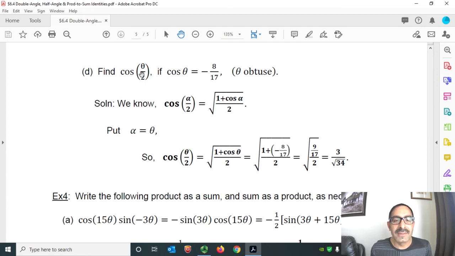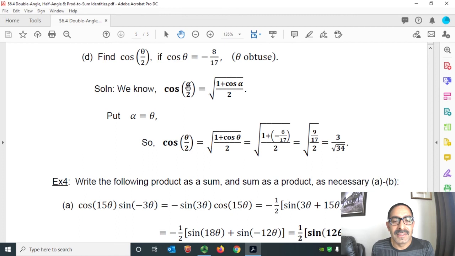Find cosine theta over 2 if cosine theta is negative 8 over 17 and theta is an obtuse angle. Let's begin the solutions. You know this half angle formula for cosine: cosine alpha over 2 equals under the radical 1 plus cosine alpha over 2. So put alpha as theta.